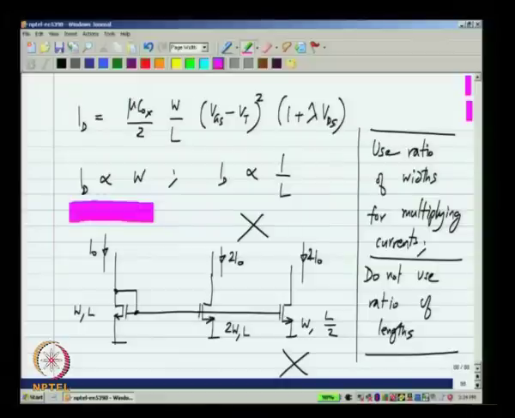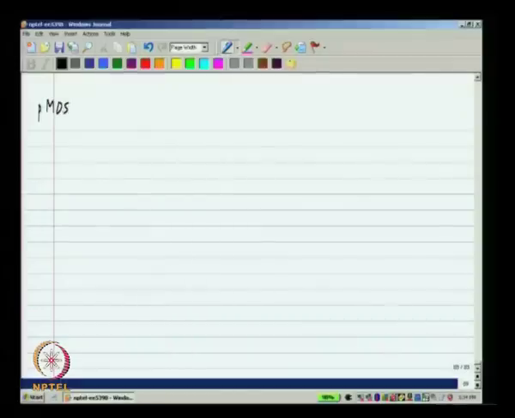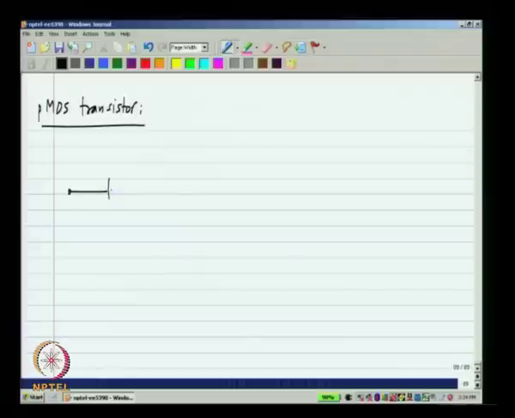So, that is the brief overview of the large signal model of the MOS transistor. Okay. We have used the NMOS transistor for illustration, but I will very quickly go through the PMOS transistor and show that it is exactly the same way. Okay. A PMOS transistor symbol is like this when we include the bulk.